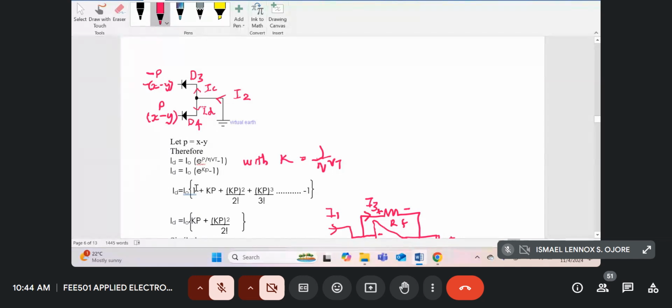The ending one will cancel the beginning one, and the terms greater than 3 will be so small that we can ignore them. So we just remain with the second term and third term.